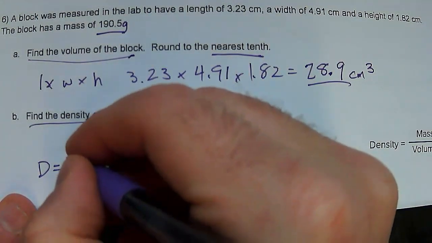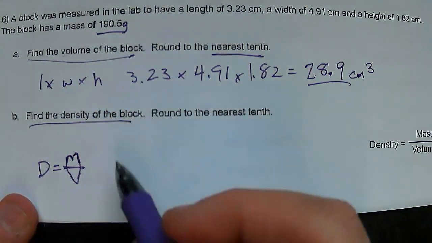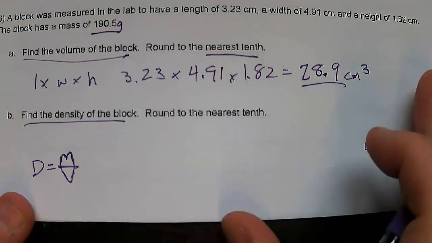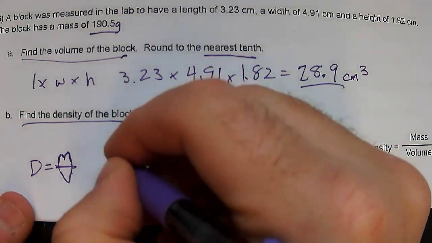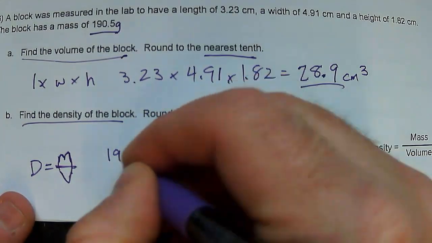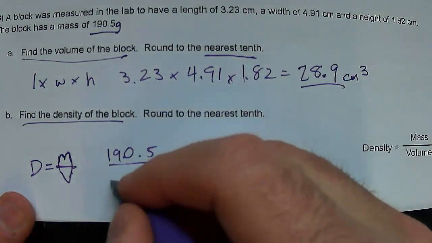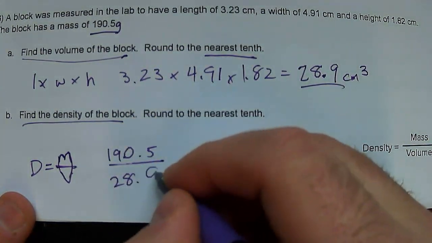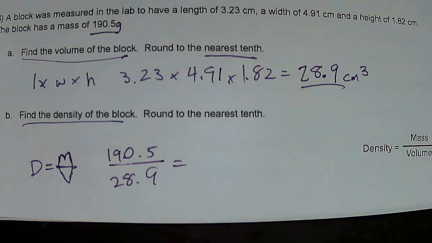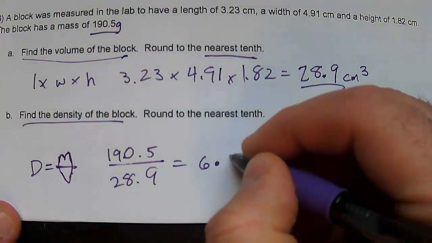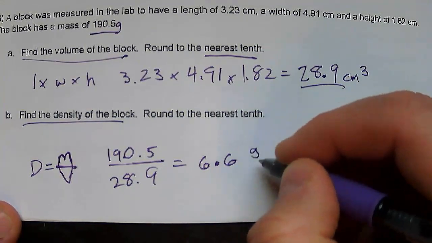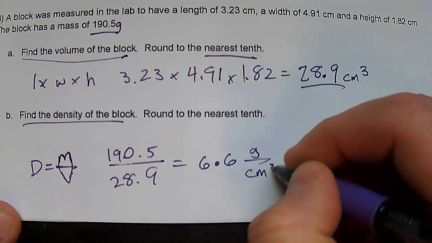Density, remember, breaks your heart. Looks like a little heart here. The mass is 190.5, the volume is 28.9, and we do that math. We get 6.6 grams per cubic centimeter.